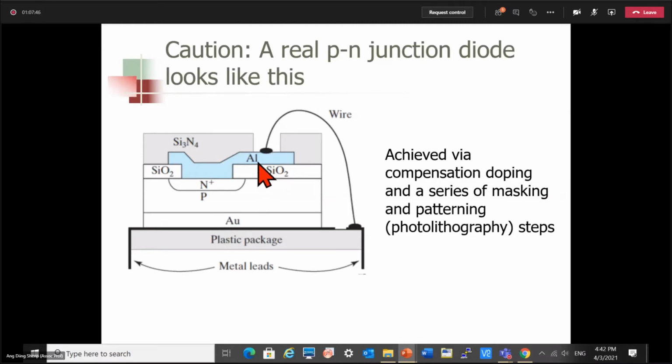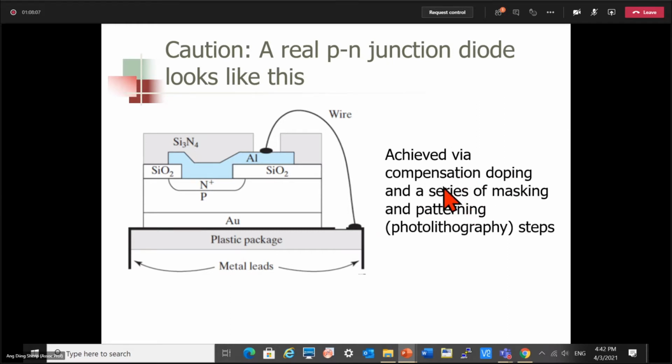So the 2 metal contacts allow external voltages to be applied to the PN junction. Okay, right. Now a real PN junction is actually fabricated by this compensation doping technique.